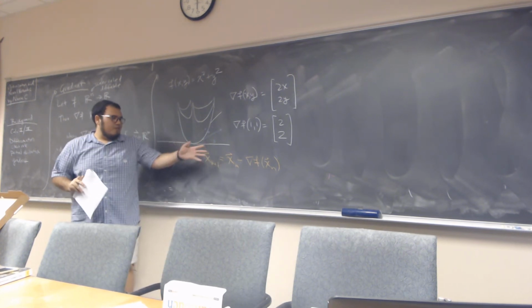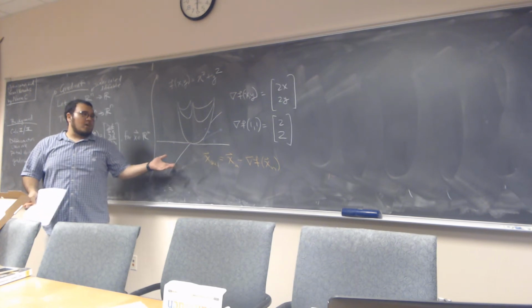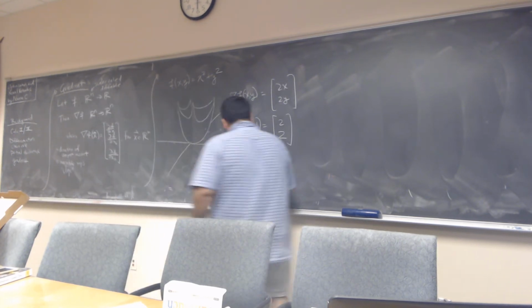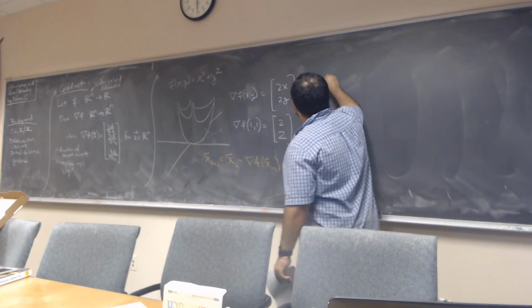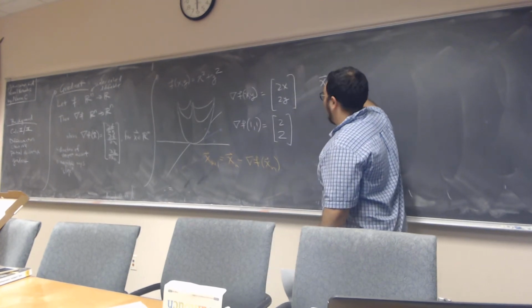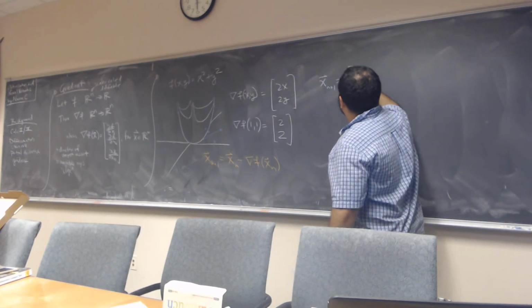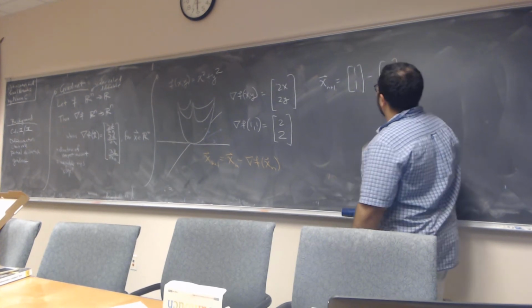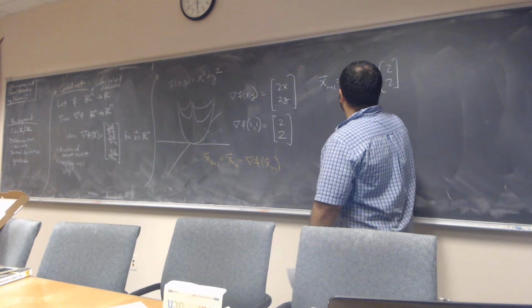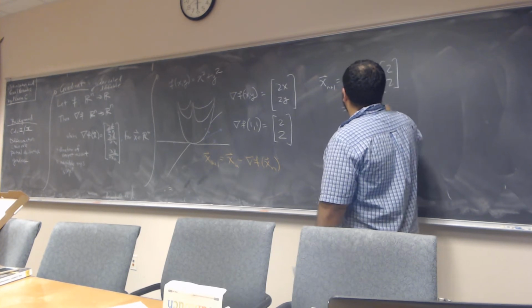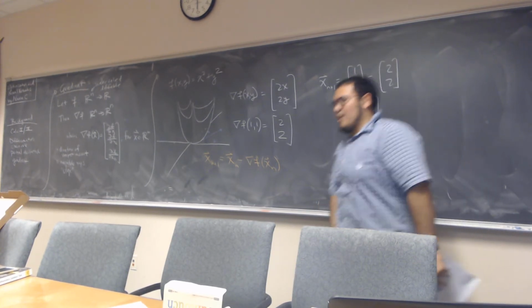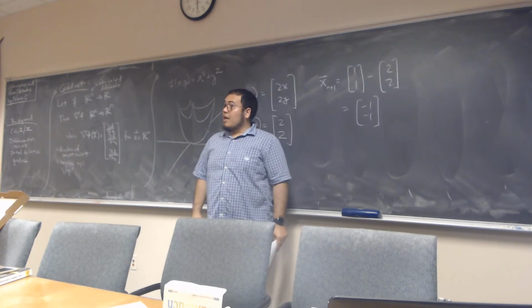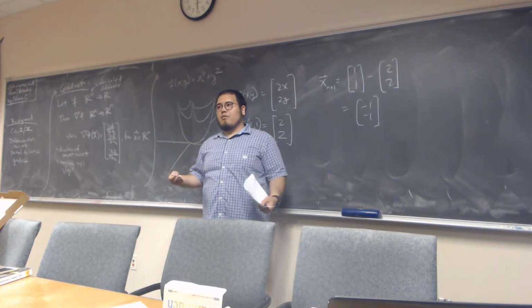Now, there might be an issue here, so let's give it a shot. With this same point, we can say that x sub n plus 1 is equal to x sub n, which we decided was (1, 1), minus (2, 2). And that's equal to (-1, -1). All right, so we just made a step. Great. Now, let's continue our algorithm and see what happens.